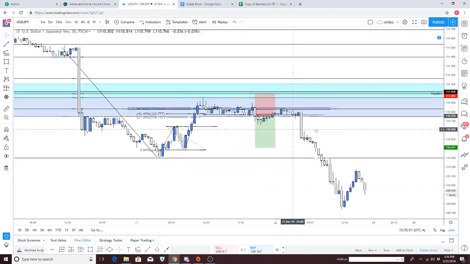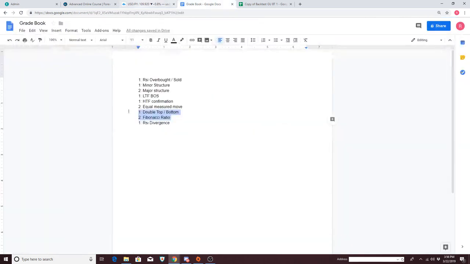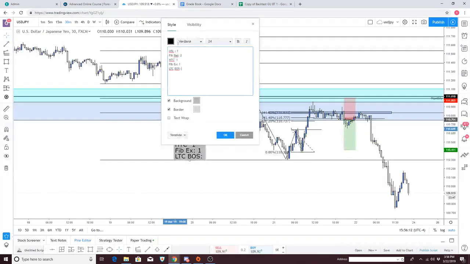On my second order, let's do this. What else do we have? A break of structure. So we have a lower time frame confirmation as well. We have a lower time frame BOS, because we broke that level of support. What is a lower time frame BOS to us? Okay.